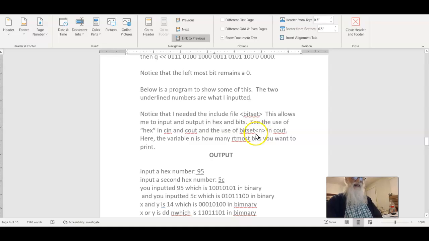Bitset N in front of something I'm going to write out says how many bits I want in the output. Hex in front of something says I want the next thing in hex. Now be careful: hex is in effect until you turn it off. There's another word called dec, D-E-C, which turns it back into writing decimal.